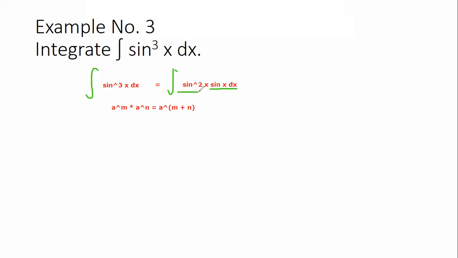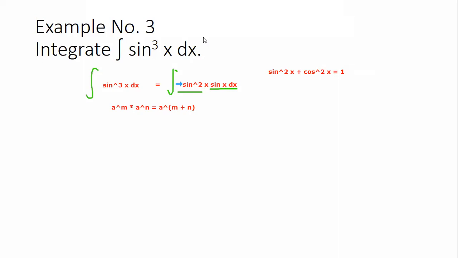But since you have sine squared x, we're going to use a trigonometric identity, the Pythagorean identities. We remember that sine squared x plus cosine squared x is always equal to 1. However, in your function, the given is sine squared x only.